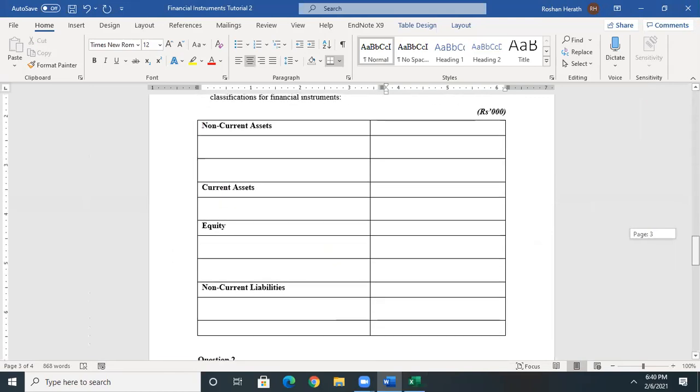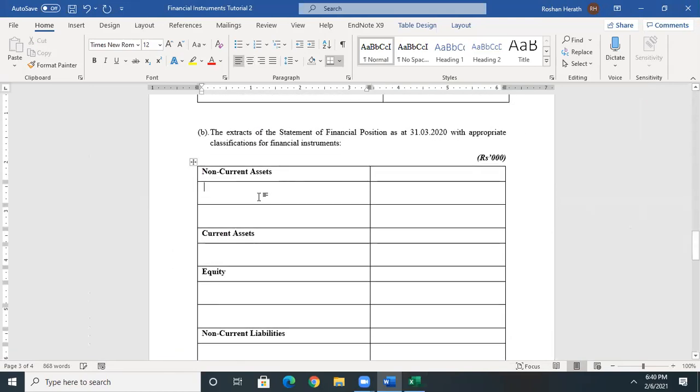Similarly, you need to show them under this. It is your financial asset at fair value through other comprehensive income investment. Even if you simply mention the name of the company, that will also do.